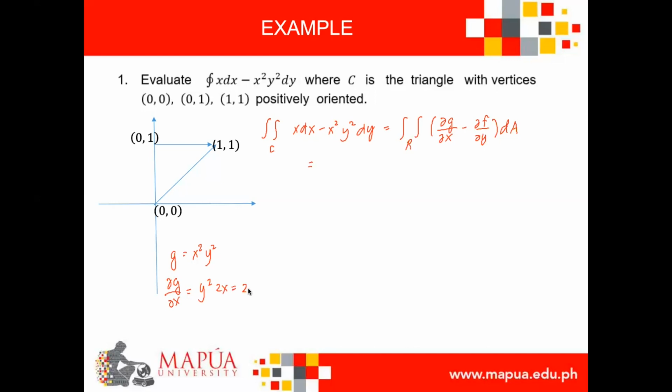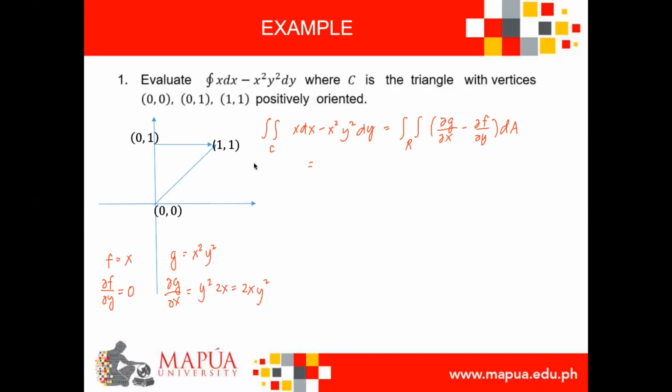So this is now 2x y squared. Then let us also get the function f. The function f is equal to x. When we get the partial derivative of f with respect to y, since x is considered as constant, the derivative is 0.